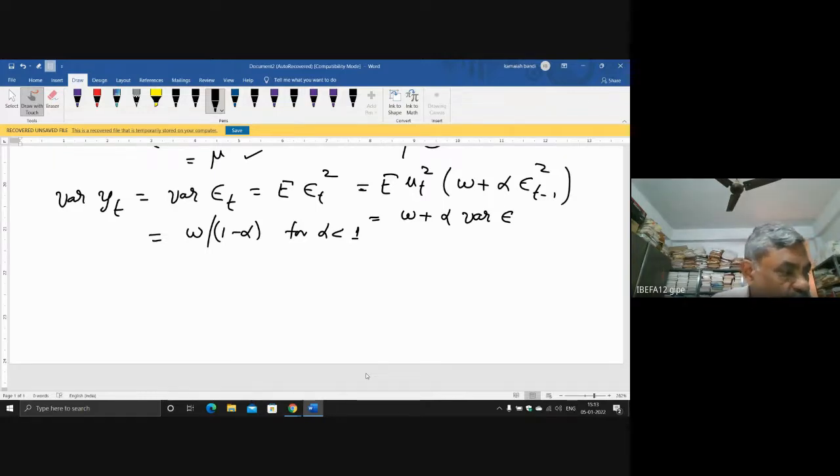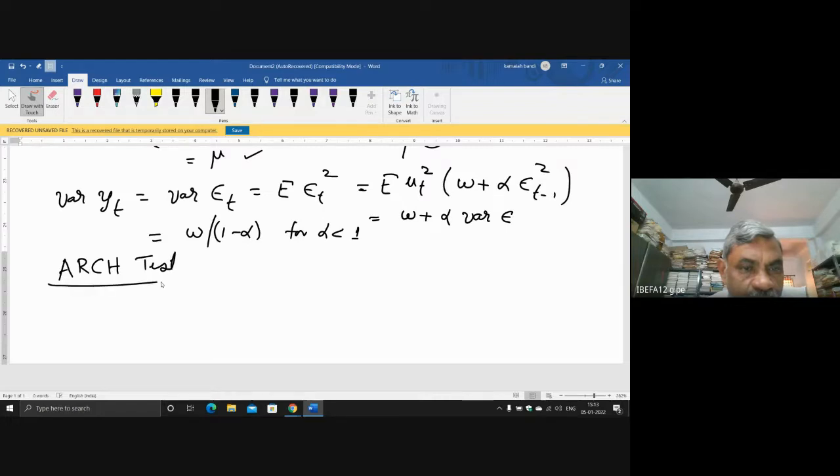Okay. So now before we proceed further, yesterday someone was asking, what is the ARCH test? It's an important test. As a preliminary step, we have to ensure that there is an ARCH effect in the process or in the data that is given to us.